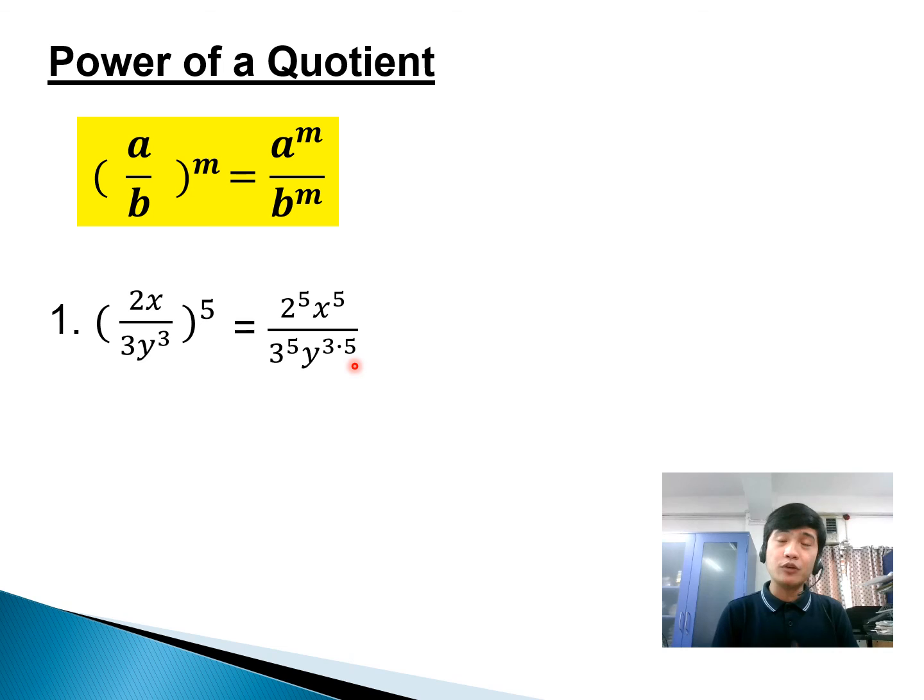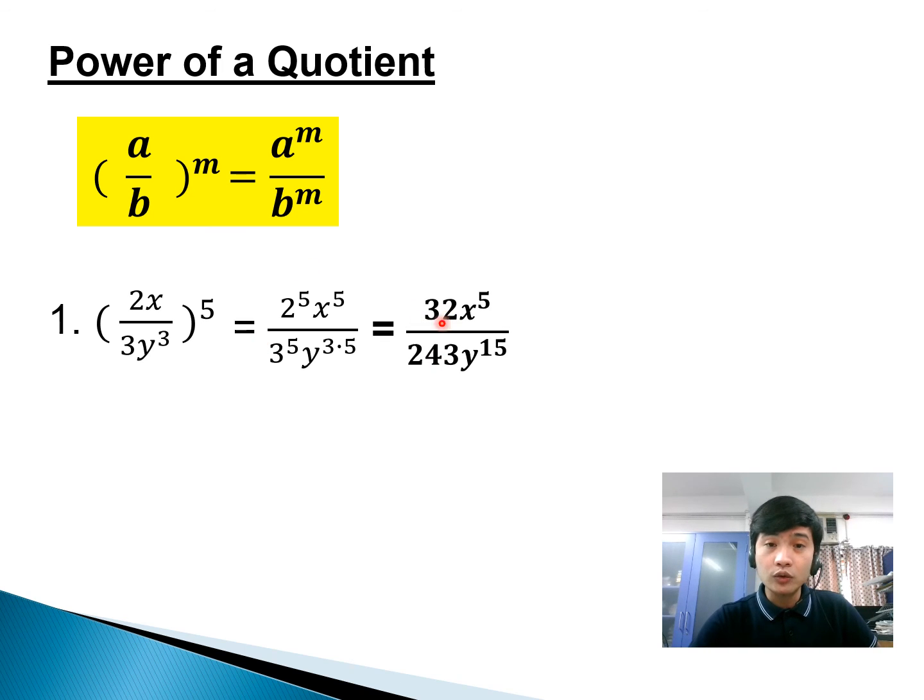So, napansin po ninyo, pumasok na po dito yung dalawang rules na pinag-usapan natin kanina. Yung power of a power, tsaka power of a product. So, minsan madalas nangyayari yon na more than one rule yung involved sa isang example. Okay? So, simplifying this further, that is 32x to the fifth power because 2 to the fifth is equal to 32. We just simply multiply 2 5 times.